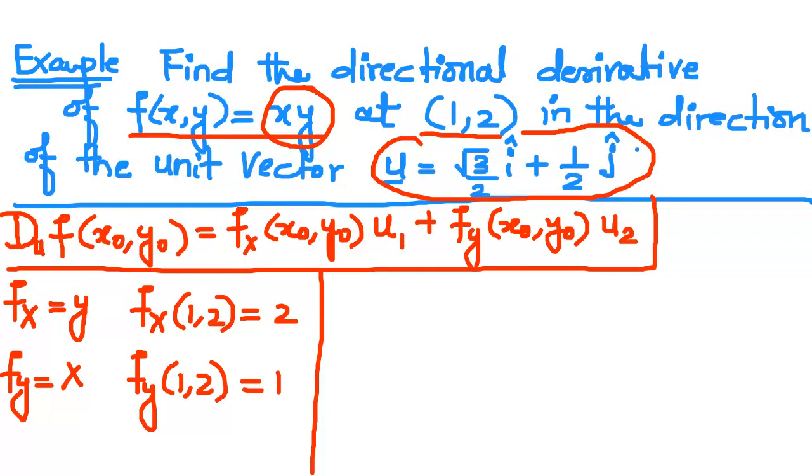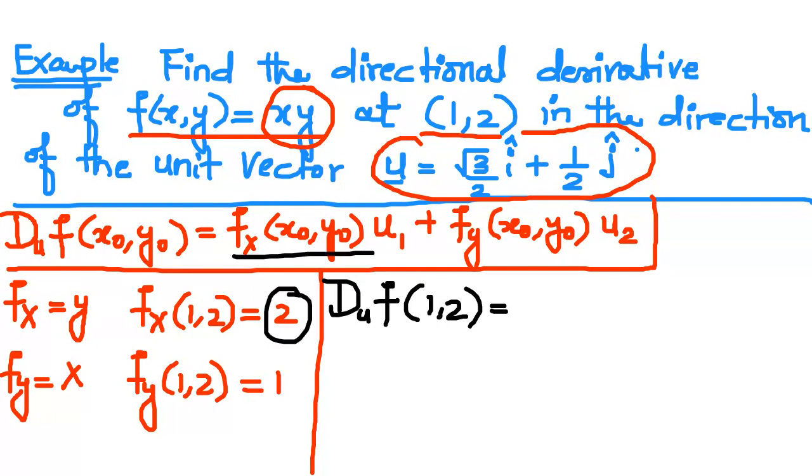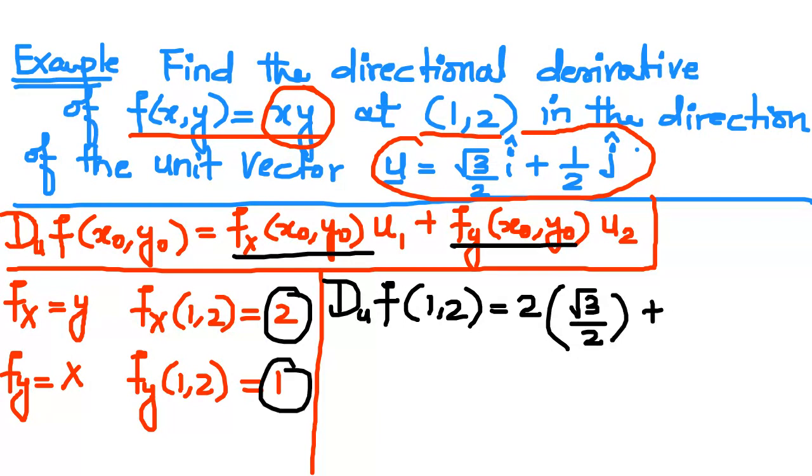So substitute in the formula, what I will get: D_u of the function at point (1, 2) is equal to the partial derivative with respect to x at the point, which is equal to 2, times u1. u1 is square root of 3 divided by 2, plus the partial derivative with respect to y at point (1, 2), which is equal to 1, times u2, and u2 is equal to 1 divided by 2.